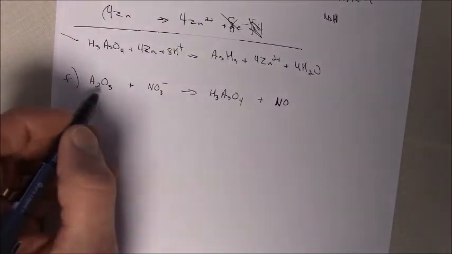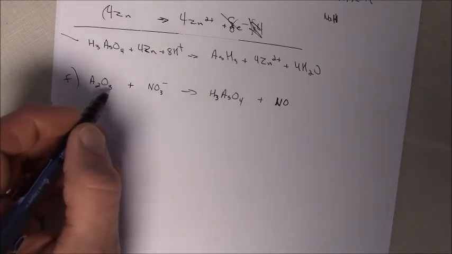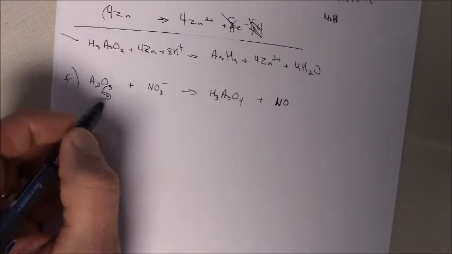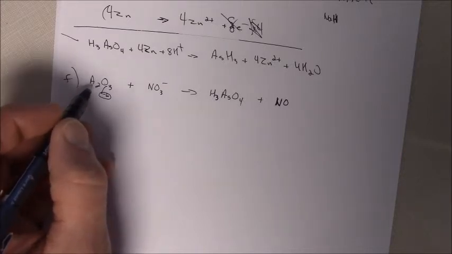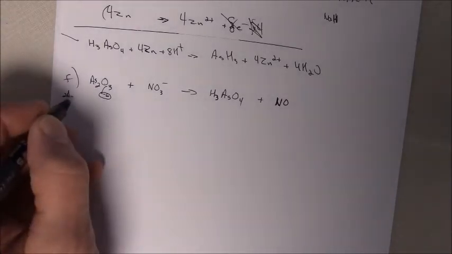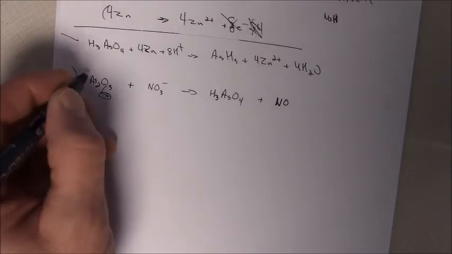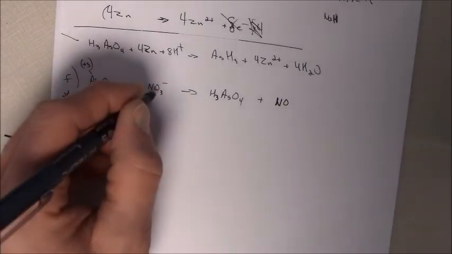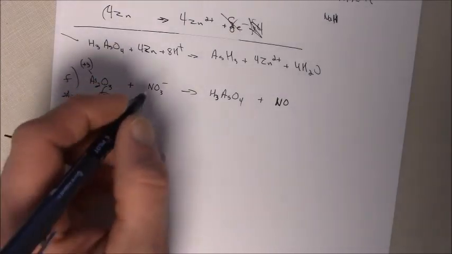Arsenic. You've got 3 oxygens, each of them at -2, so that's a -6 total. And you've got 2 arsenics that have to equal +6, so this is a +3. Oxygen here is -2, so that nitrogen, what's it doing?